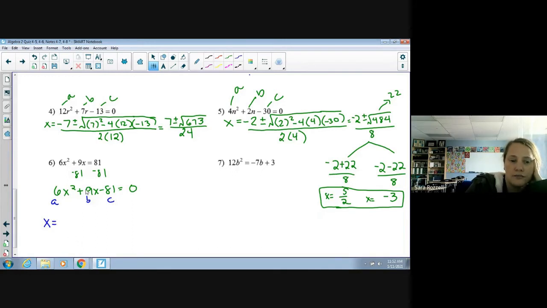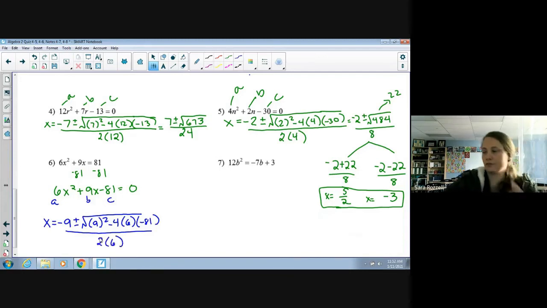X equals negative B, which would be negative 9, plus or minus the square root of B squared, 9 squared, minus 4 times 6 times negative 81, all over 2 times 6.